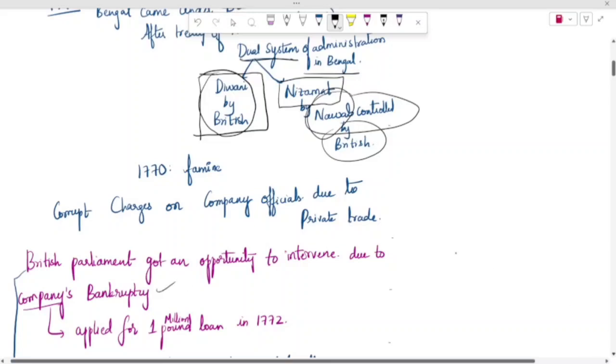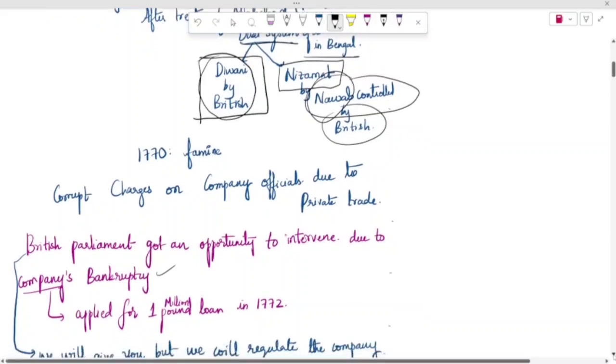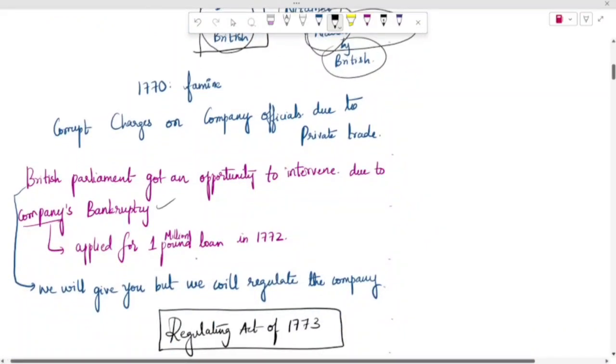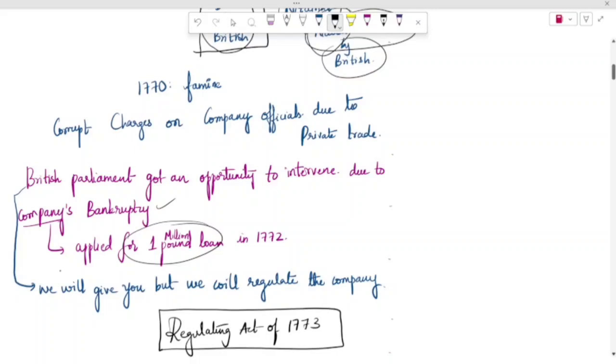The company asked for a loan of £1 million from the British Parliament in 1772. The Parliament said, okay, we'll give it, but on some conditions. You should pay it back, so your company needs to be regulated. So we want to pass an act called the Regulating Act of 1773.